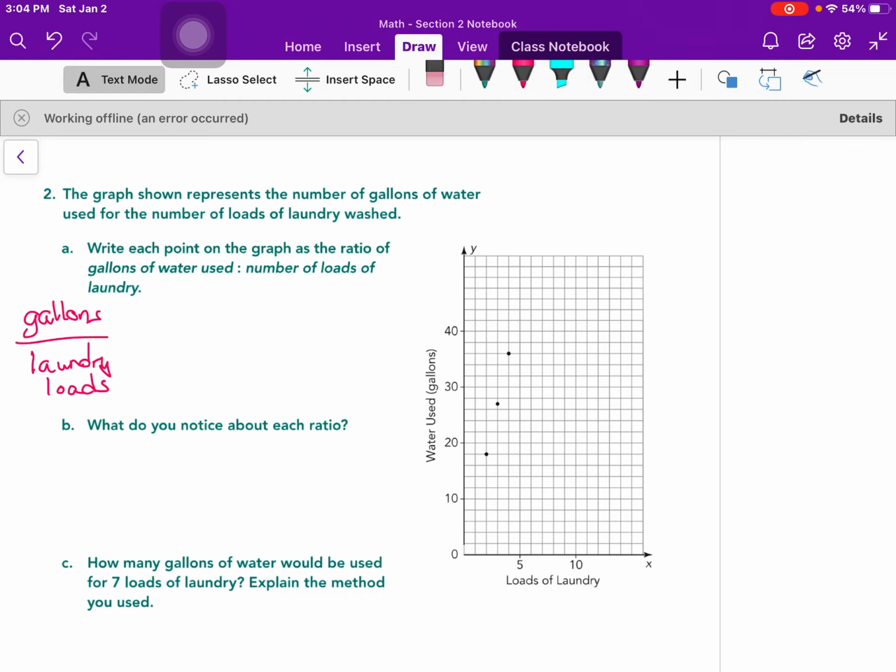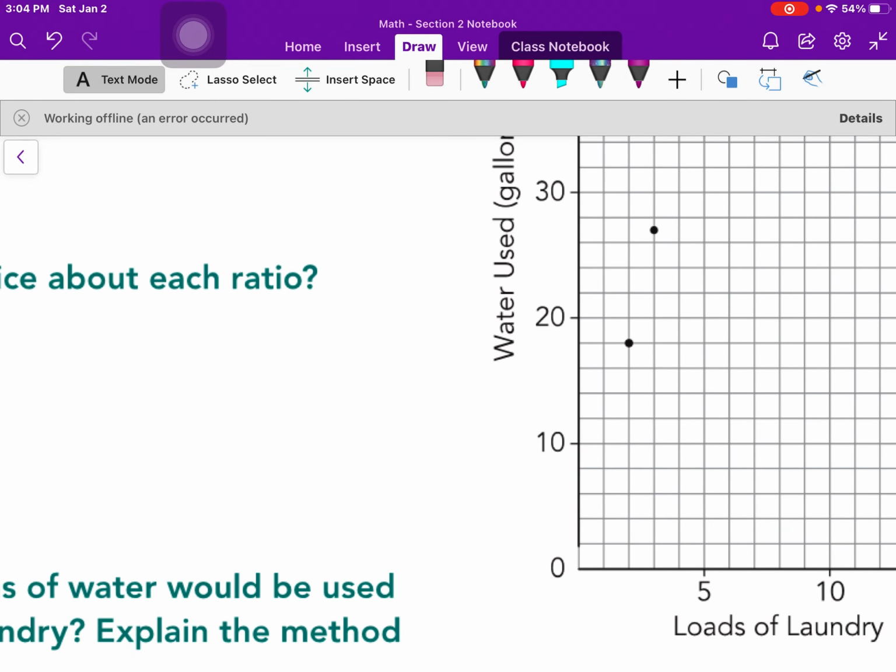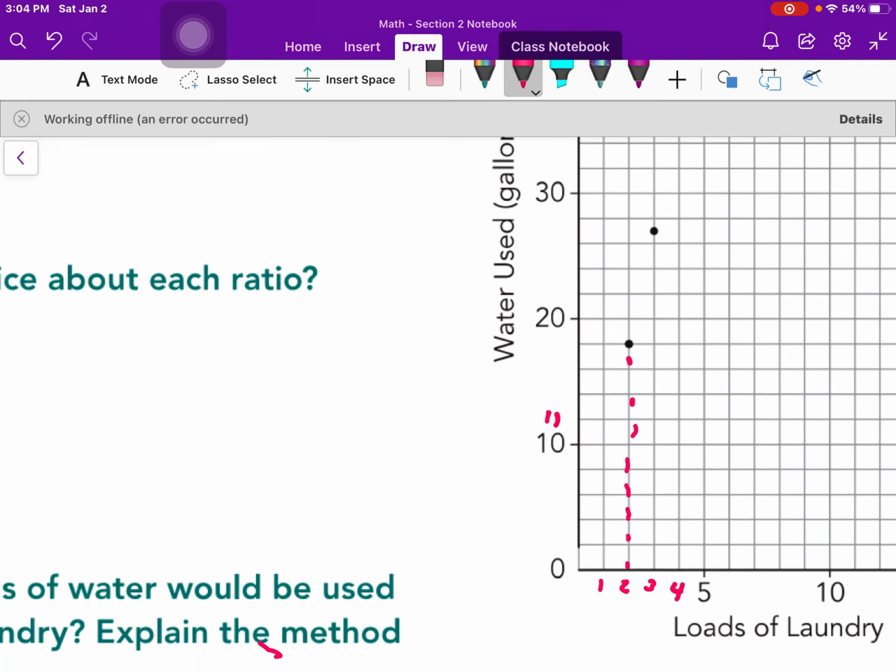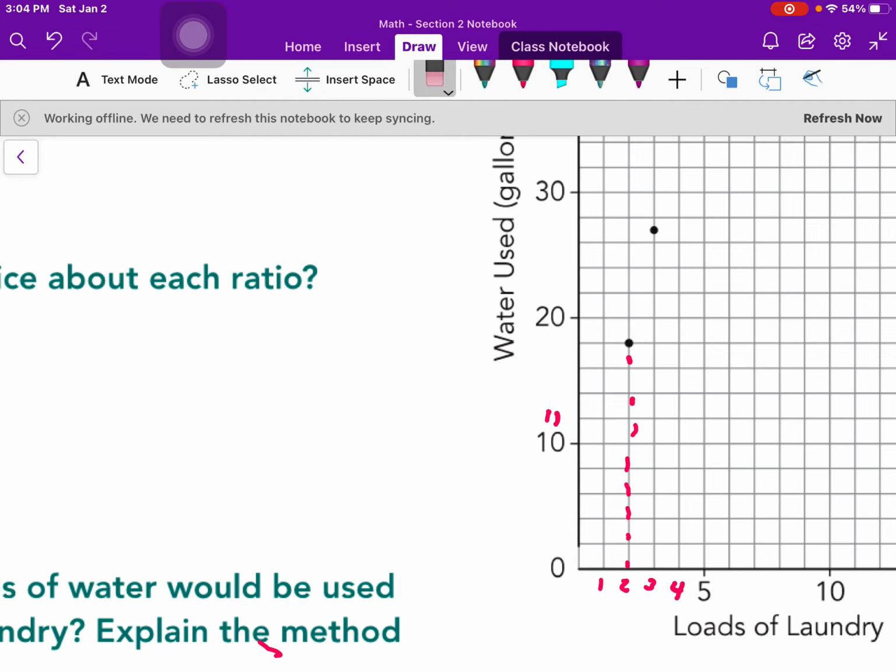So when I zoom in here a little bit, just to make it easier to see, I can see that this one, again, 1, 2, 3, 4, 5. I can see two loads of laundry, and this is 11. Oh, this must go up by 2. So 12, 14, 16, 18.